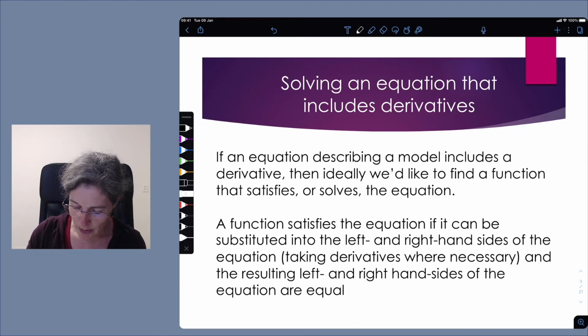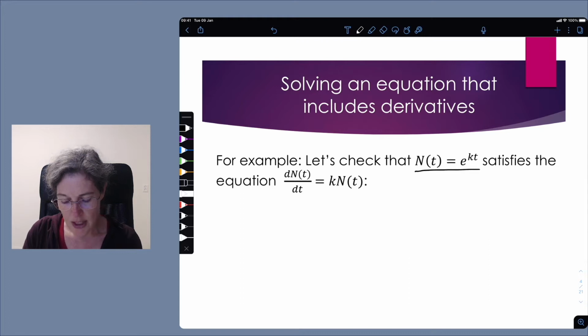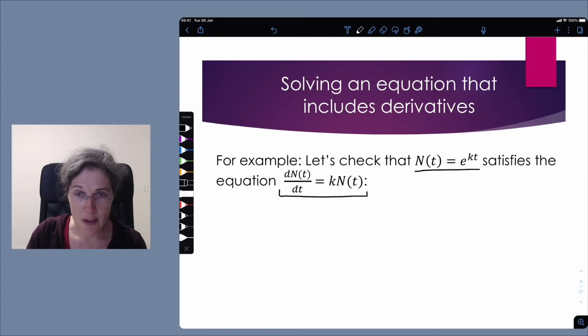What am I talking about here? Well, suppose that we think that N of t equal to e to the kt is a solution to this equation. Let's look at the left-hand side and the right-hand side when we substitute that particular N of t in.